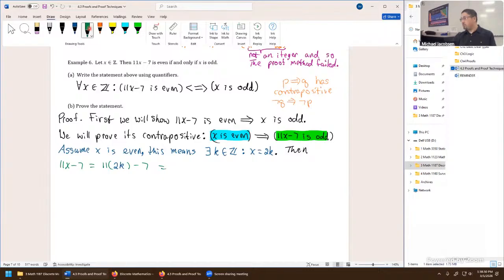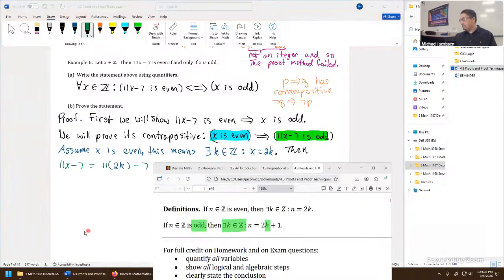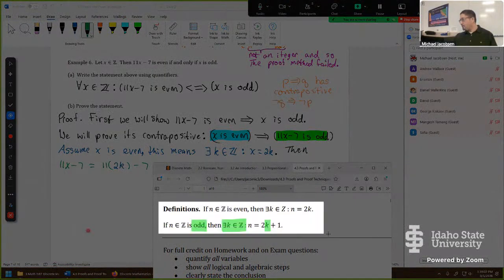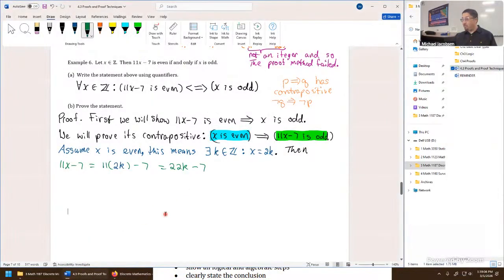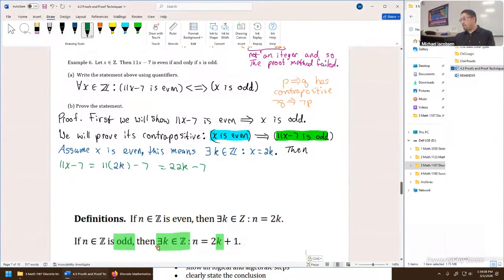So this then turns into 22k minus 7. Well, doesn't look that super convenient, but let's put this on paper. If we really twist its arm, we can get this in the right form to match up with the statement for odd.